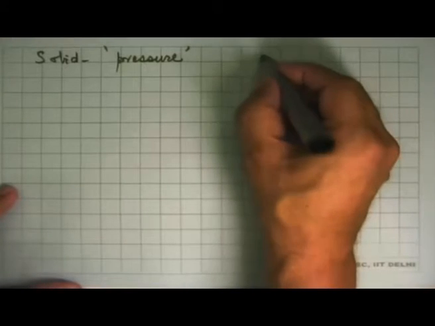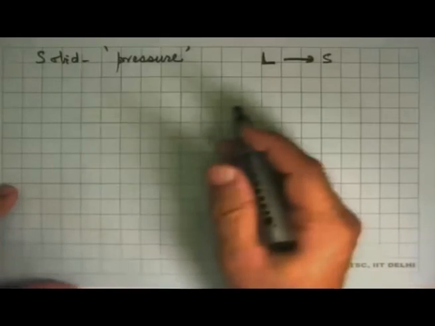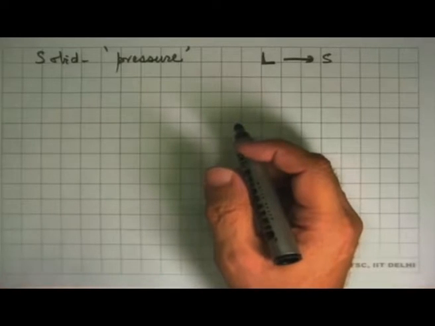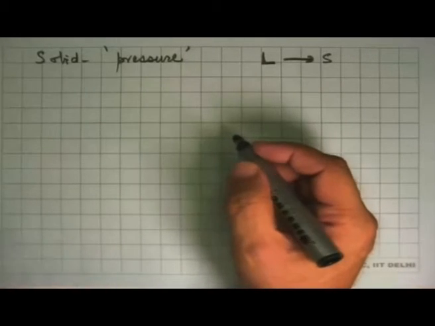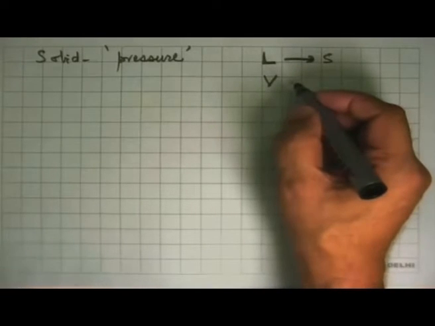What it means is that either I have a liquid state which we are cooling and we get a solid, and in a liquid we know that the pressure everywhere will always be constant because it is a fluid. Same is true with a vapor. The pressure everywhere is the same.